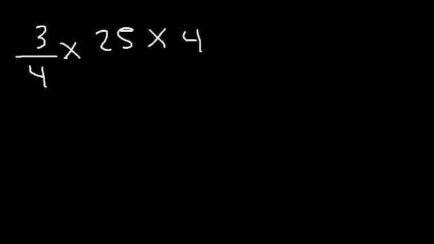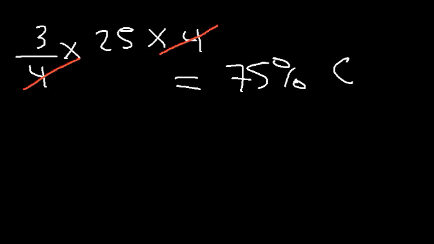So how can we figure out this answer as a percentage without a calculator? 100 is basically 25 times 4. It's 4 quarters. And you can cancel the 4, so basically you need to find out what 3 times 25 is. 3 quarters is 75, so it's 75% carbon. Now, the mass percent of all the elements must add up to 100.